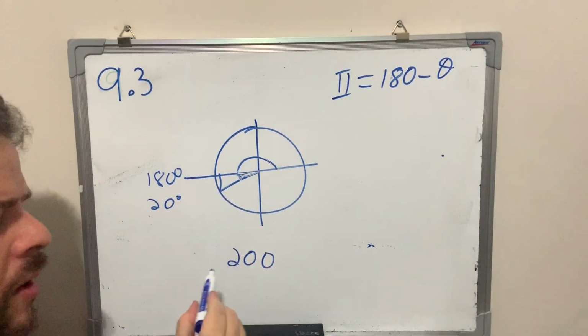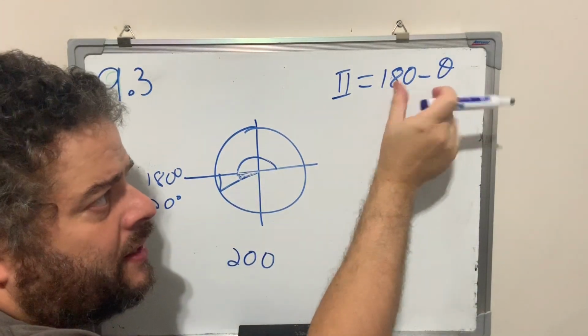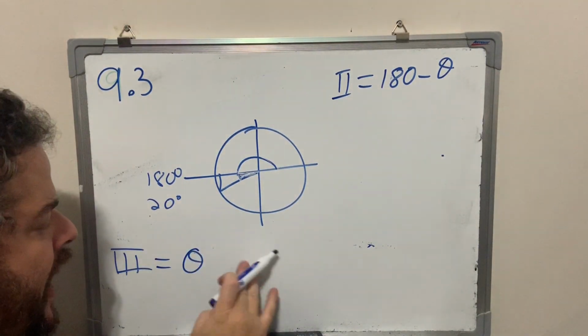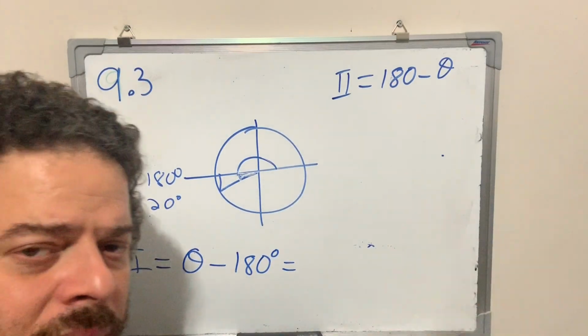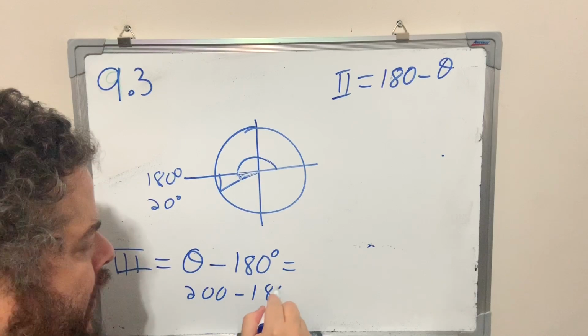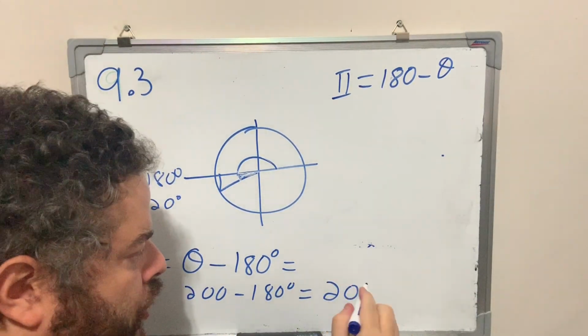So the formula when the angle is in the third quadrant is similar, but flipped: the original angle minus 180 degrees will give you the reference angle. 200 minus 180 gives you 20 degrees, which is what you should be using.